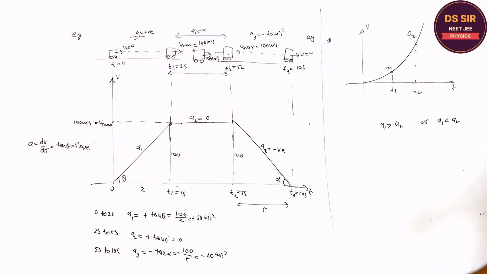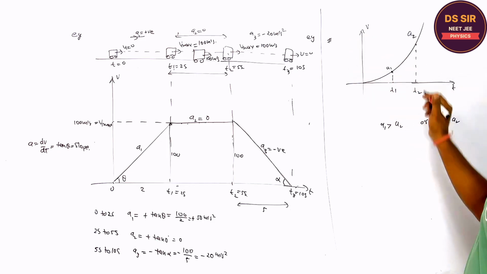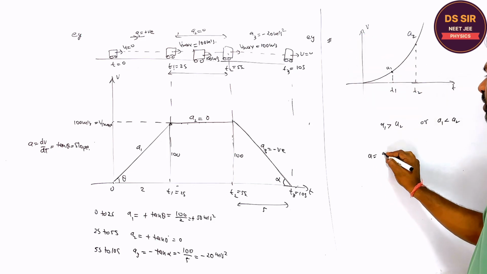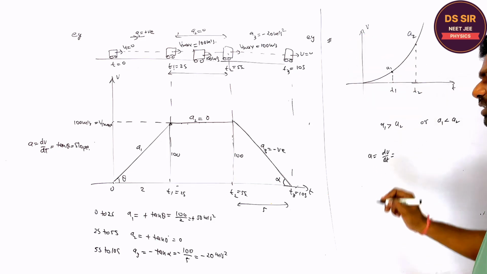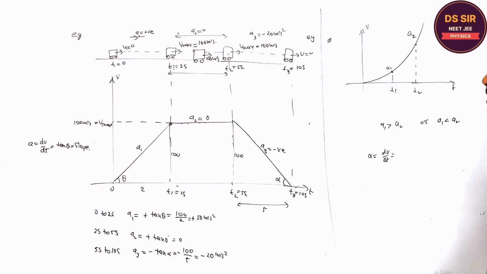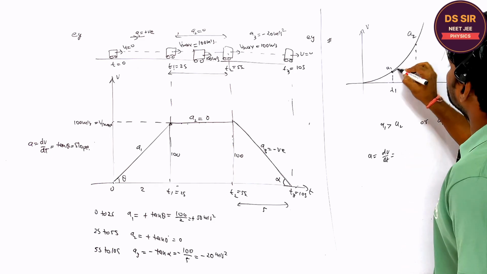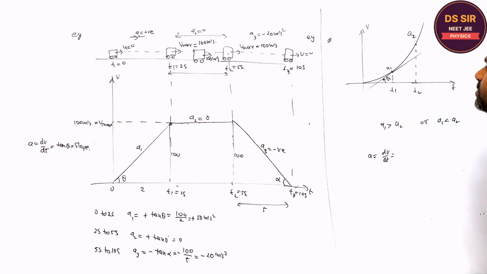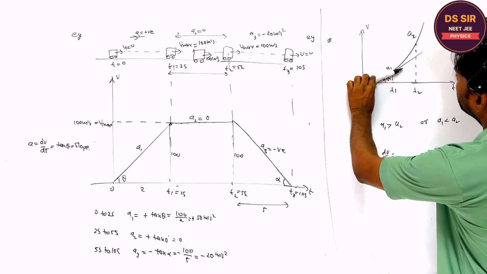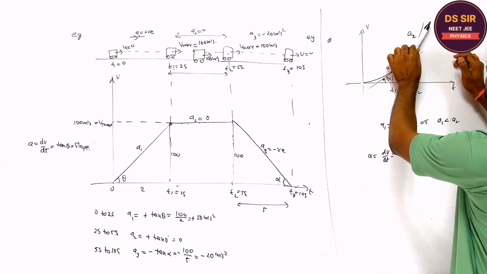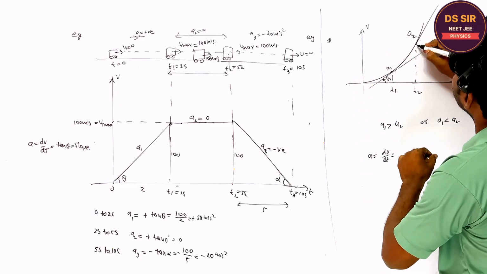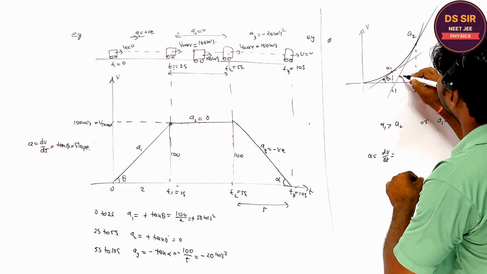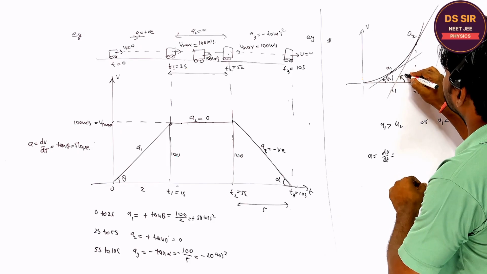How to find? Listen, as I told you, the acceleration is nothing but the slope of the velocity time graph, right? So at this point, if you draw the tangent, this is the theta1. Is it clear? And at this point, if you draw the tangent, this is the angle theta2.